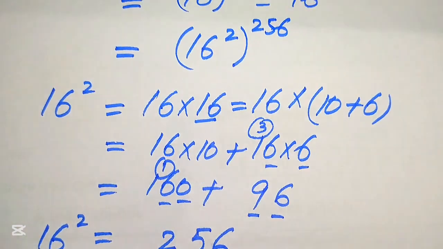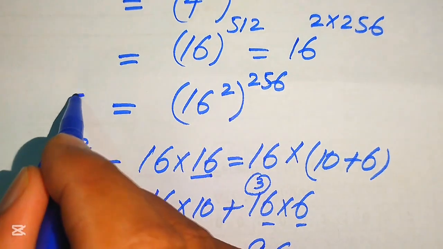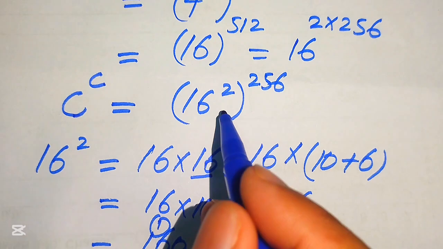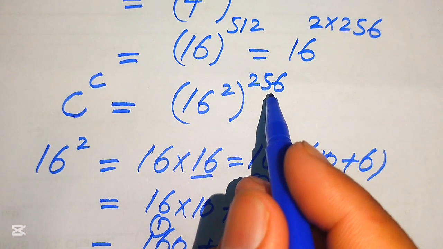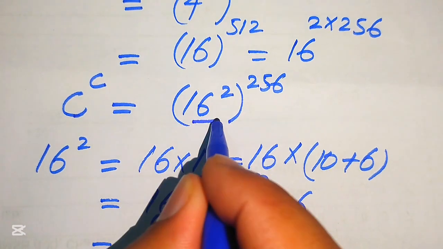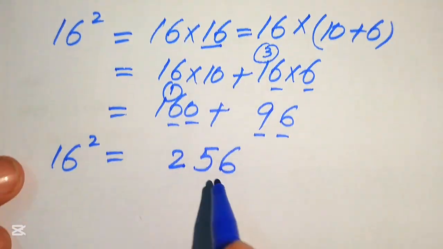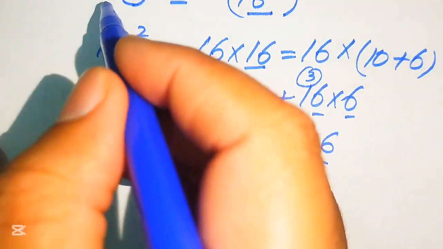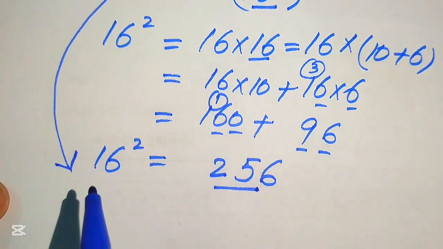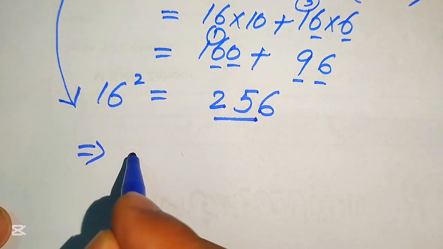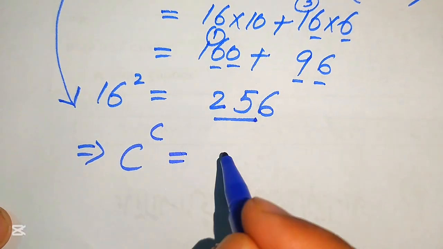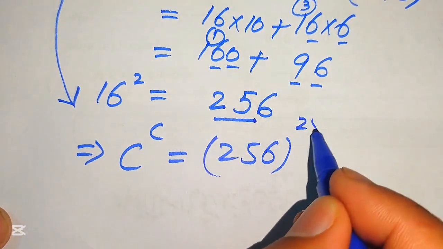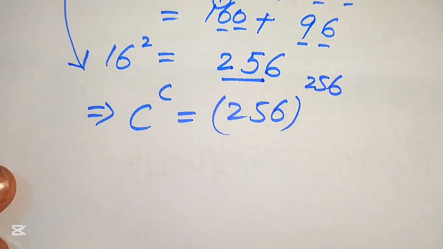So now we again move backward, and here you have c to the power of c is equal to 16 squared, and its whole exponent is 256. Now we replace this 16 squared with its value, 256. So we put this value here, and this equation implies that c to the power of c is equal to 256 to the power of 256.